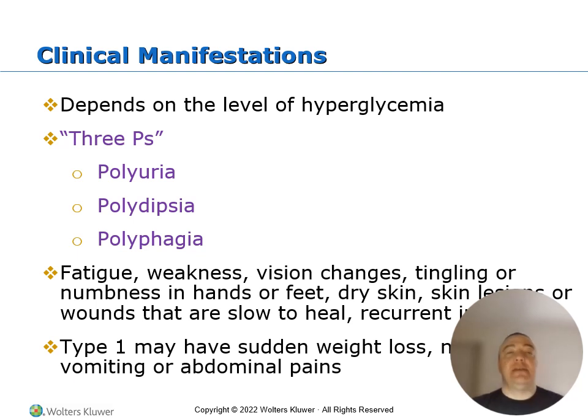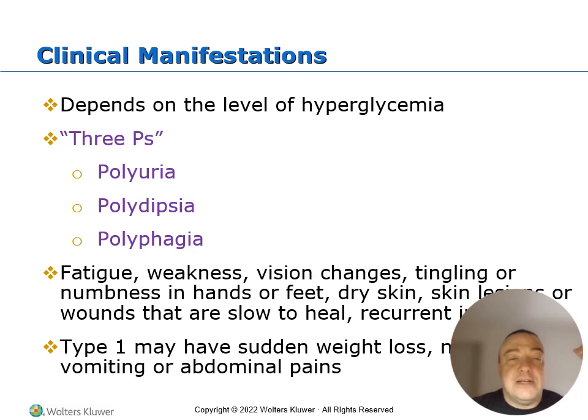Okay, clinical manifestations. All right, so hyperglycemia, the 3 Ps, right? You're peeing a lot, drinking a lot, eating a lot. Polyuria, polydipsia, and polyphagia. All right.